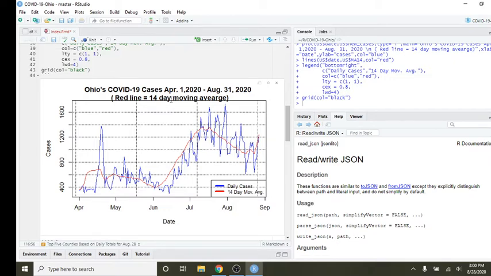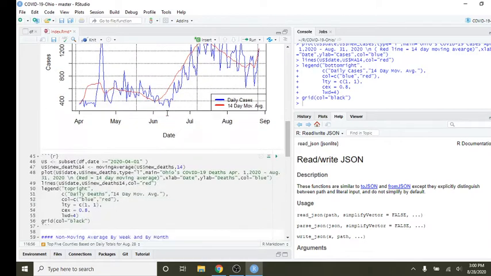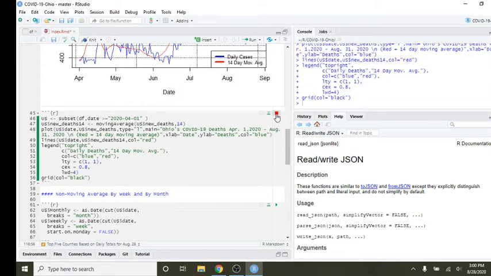So again, cases are looking okay. The 14-day moving average is in jeopardy of passing this one up here. Deaths.